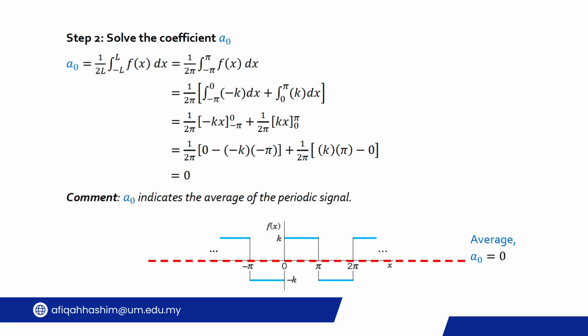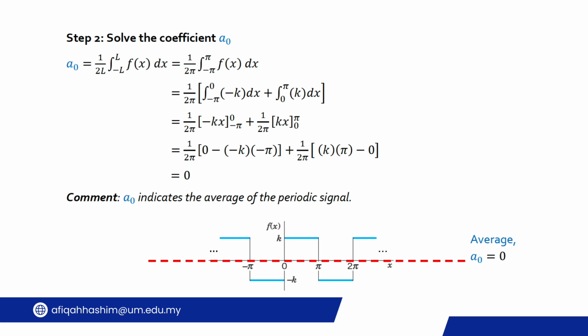So here, 1 over 2 pi, since 2L is 2 pi, and L is pi, then integration from negative pi to pi. But there are two different functions here, one is negative k and one is k, so you need to separate the integration into two parts. From negative pi to 0 we use the function negative k, plus from 0 to pi the function is positive k.